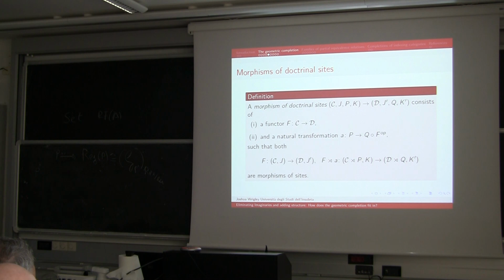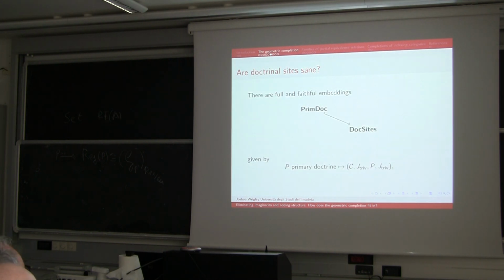So let's just do a quick sanity check that this is one of the correct ways that we should be working. We have full and faithful embeddings of primary doctrines into doctrinal sites. This is given by just taking the trivial topology on everything.